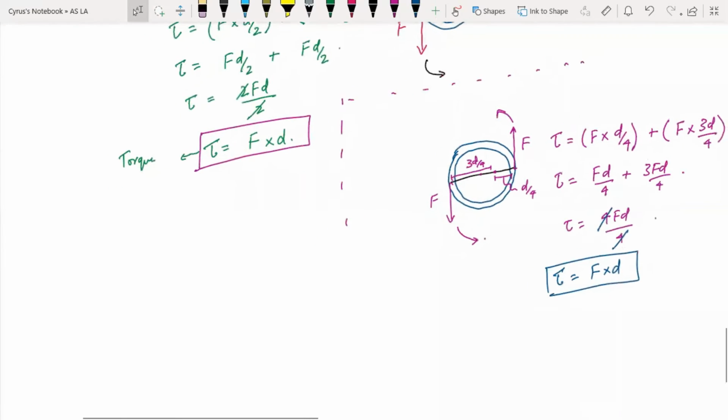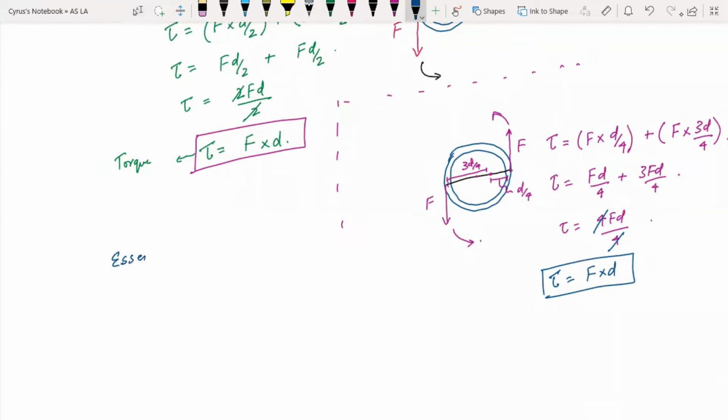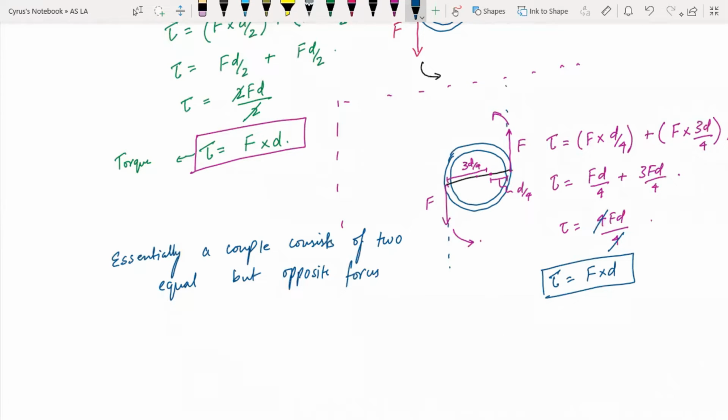And remember that essentially a couple consists of two equal but opposite forces whose line of action do not meet. लेकिन इनके line of actions they're not meeting since they are parallel. ठीक है, whose line of action do not meet, right?